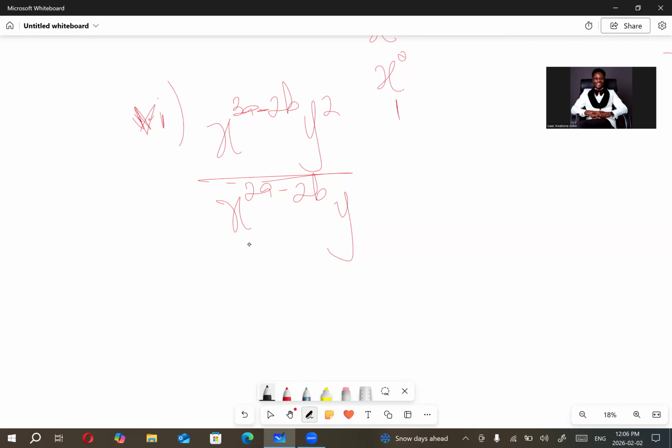I'll just pick x. The bases are the same, so I don't know if you guys will agree with me that I just take x and then subtract the top, 2b. Do you remember what I told you about subtraction? I said when it's about subtraction, introduce a bracket, opening the bracket. Yeah, 2a minus 2b.